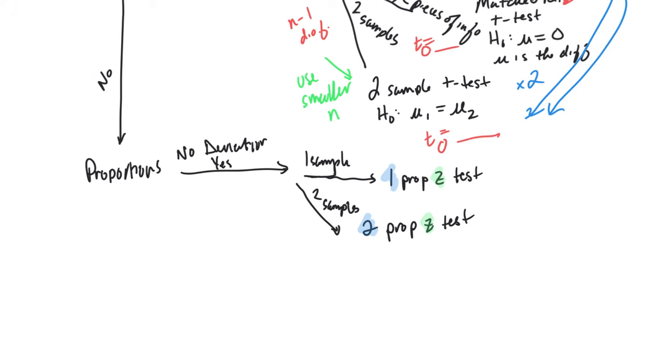Okay, so our null for this will be that p is equal to some number. Of course, our alternative will be that it's greater than, less than, not equal to, whatever the context says. For a two proportion, it will be that the first proportion is equal to the second proportion.